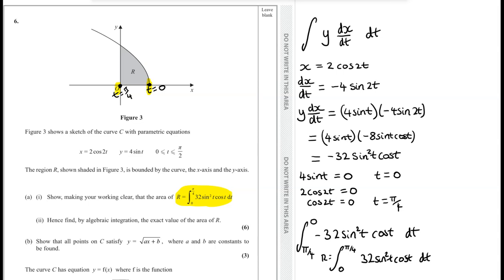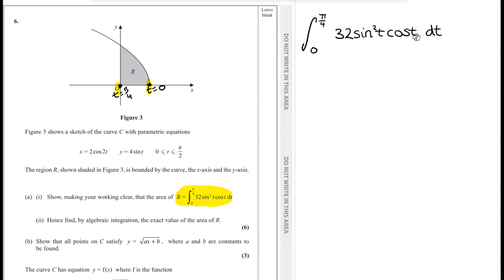So then, for the final part of part A, we're going to find by algebraic integration the exact value of the area R. So let's just get rid of some stuff here. We're asked to integrate this, and you might be thinking, do I need to do this by parts? Is there a substitution to make? But we'll see these types of problems time and time again, and we could do this by recognition, because I know that when I differentiate sine, that's going to give me cos.